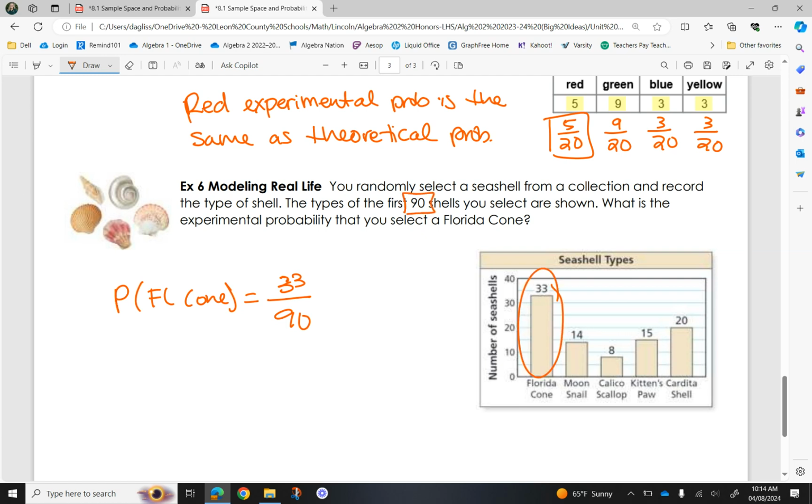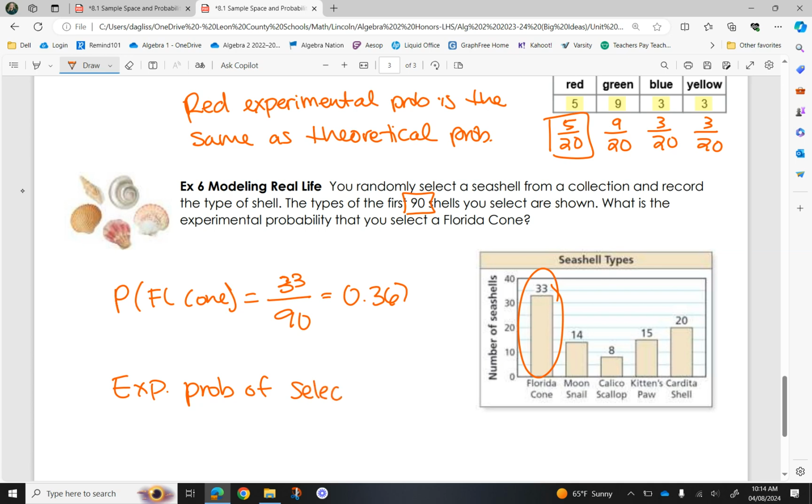They told me 90 right here. Also, 33 plus 14 plus 8 plus 15 plus 20 is 90. So that is how we set it up. That equals about 0.367.